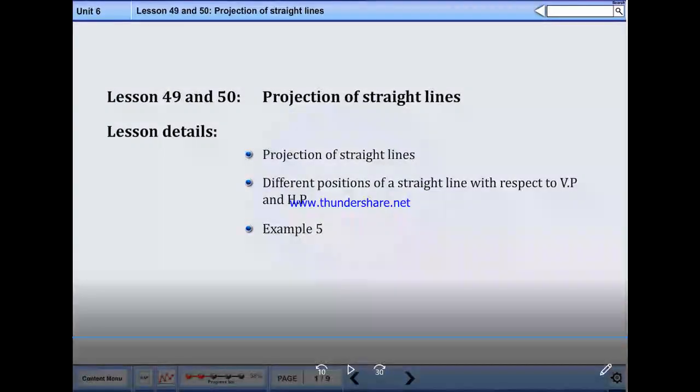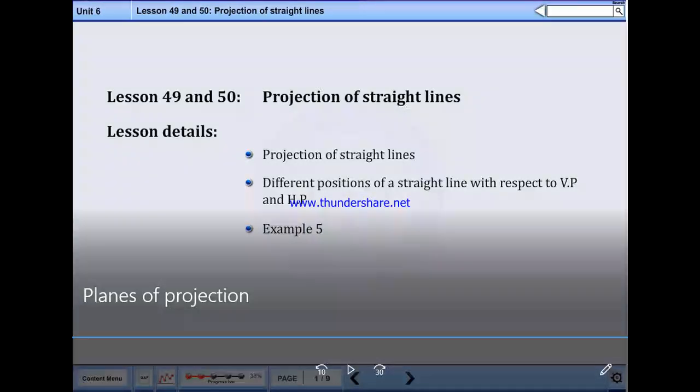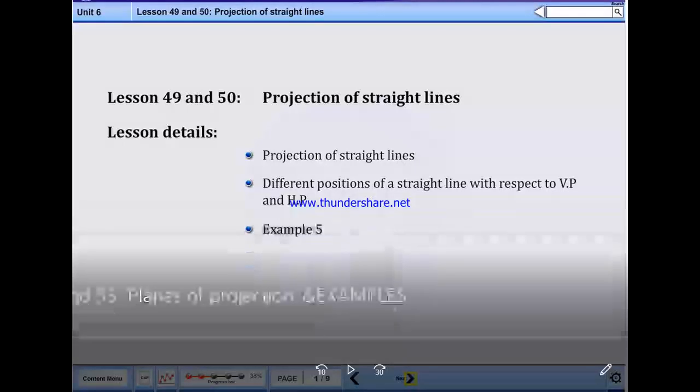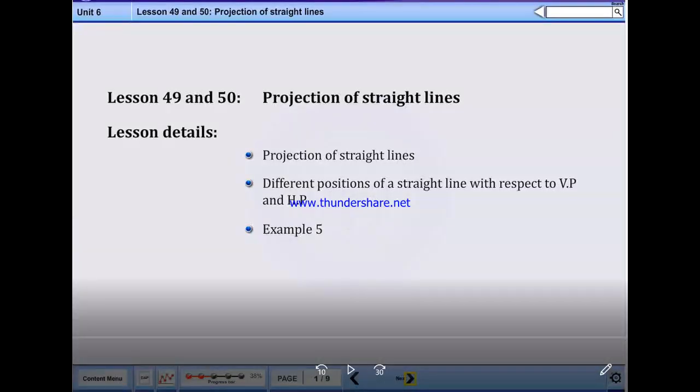Now the next topic is projection of straight lines. In this projection of straight lines, we are going to learn different positions of straight line with respect to vertical plane and horizontal plane, and this we study with example 5.